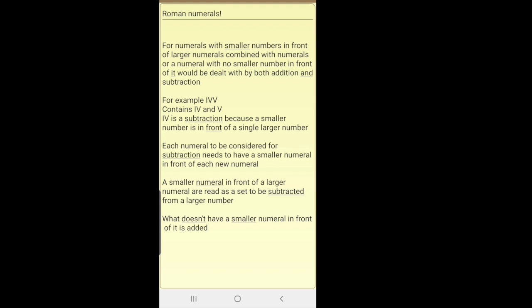And I'm talking about the smaller number being directly in front of the number behind it. And no other numerals in the subtraction set are affected. They are on their own. They are new, and they are going to be considered for subtraction or addition separately, based on what they have in front of their numeral.